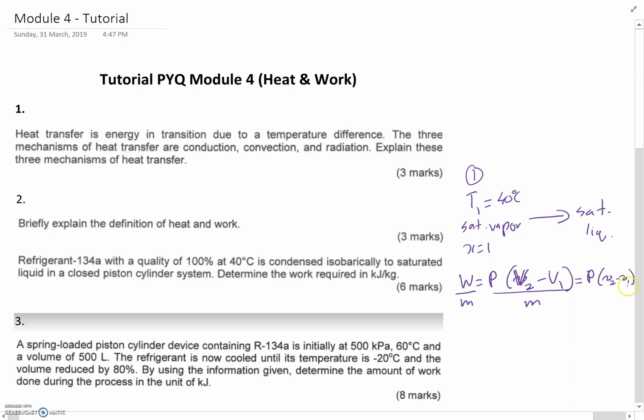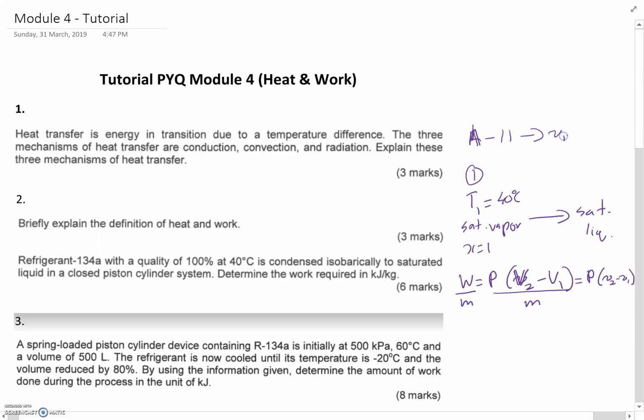So how do we get specific volume 1 and specific volume 2? You need to find them from the table. This is refrigerant, so you need table A11. Find the properties and you will get v1.